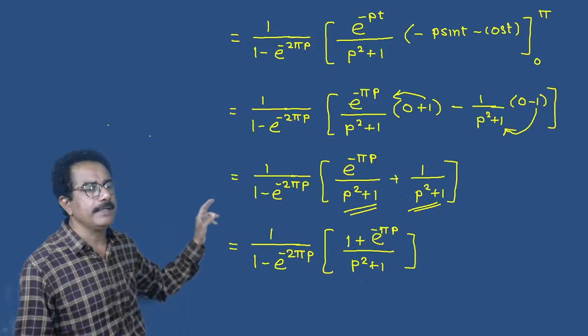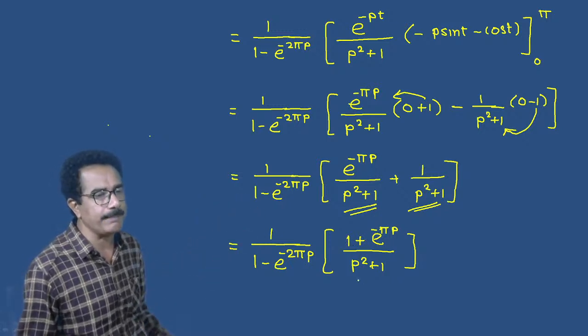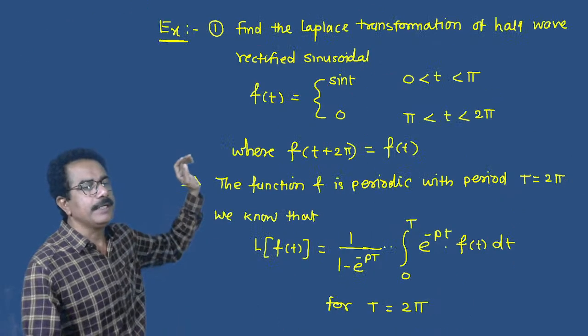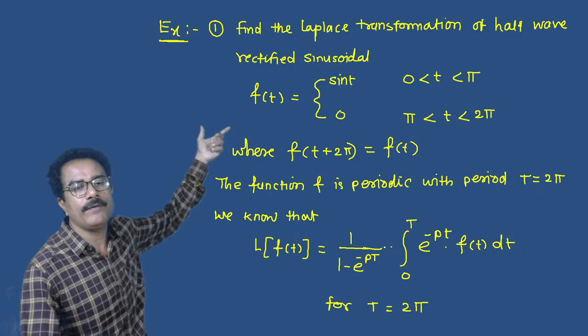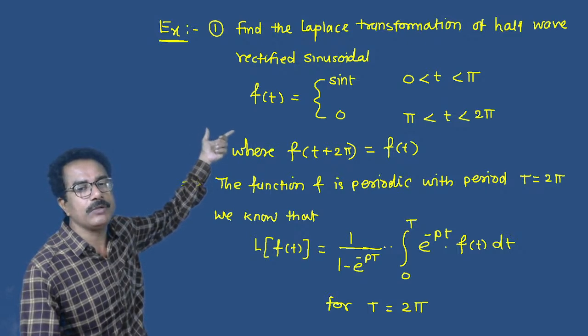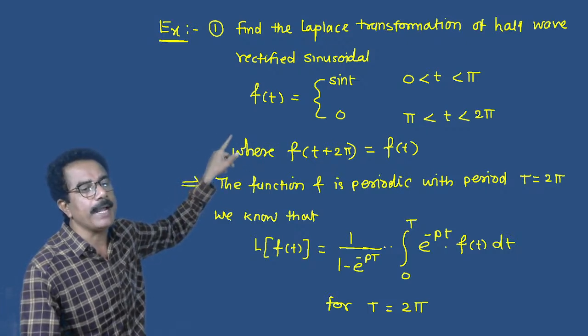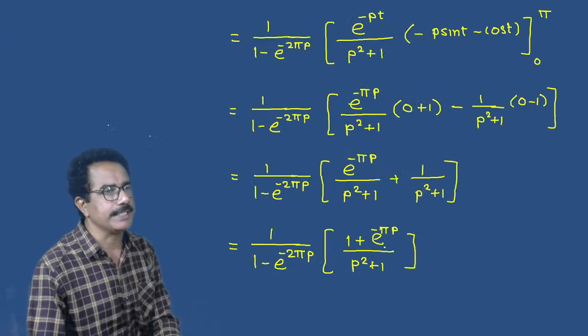The remaining term is 1 plus e raised to minus pi p divided by p square plus 1. This is the final answer for the Laplace transformation of this periodic function. This periodic function f of t has the value sin t between 0 to pi, and f of t is equal to 0 between pi to 2 pi. This is the complete answer. Okay.